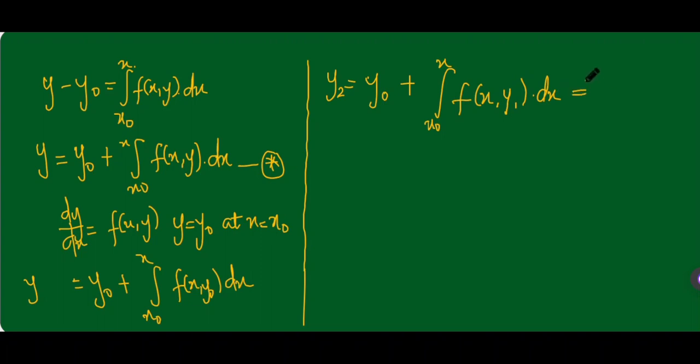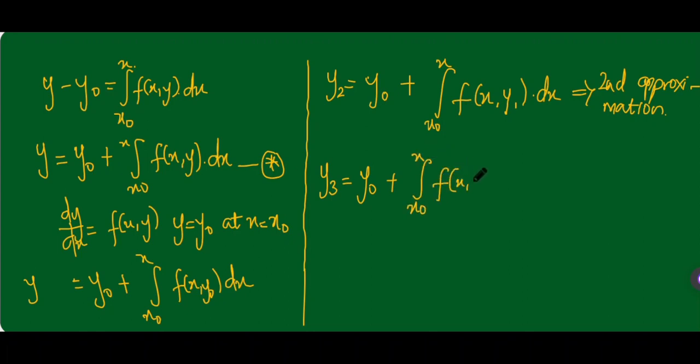So this is going to give us our second approximation of the solution. So similarly, our third approximation is going to be y naught plus the integral between x naught and x of f(x, y2) dx. So this is going to be our third approximation.